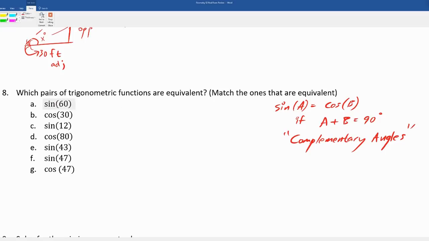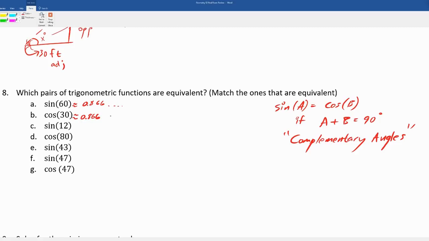So be aware of that word. All right, so sine of 60. If you guys actually do this, you could do a sine of 60 in your calculator, and you get an approximation of 0.866 something something something. But if you actually do a cosine of 30, you're going to realize, hey, I get the same answer. It's still the same exact decimal.